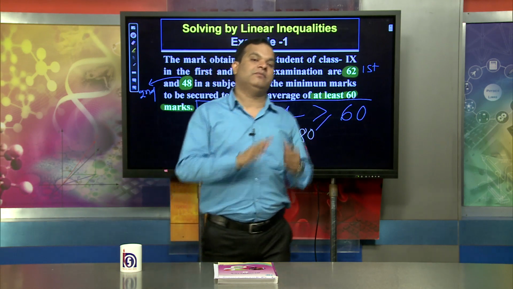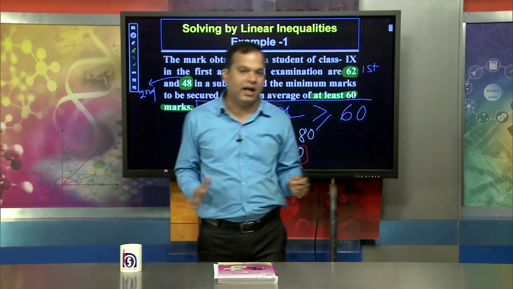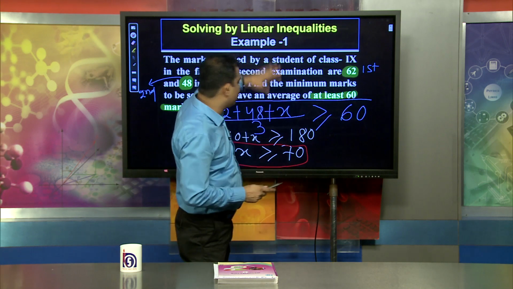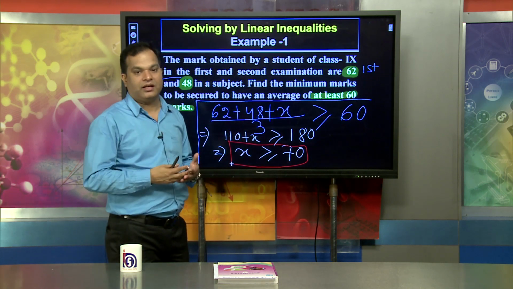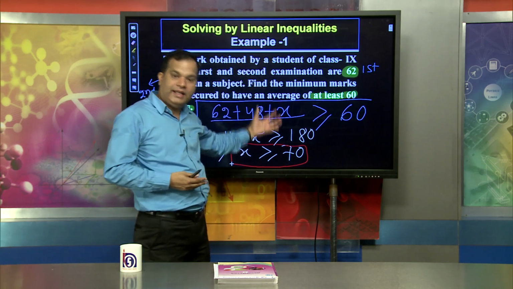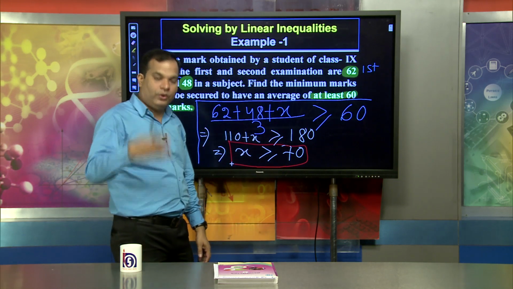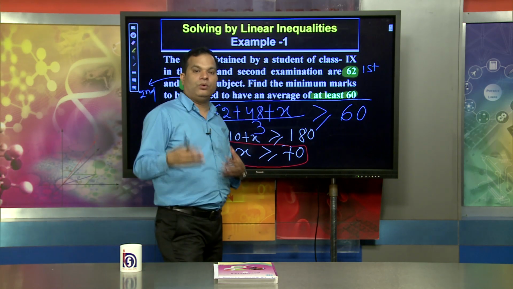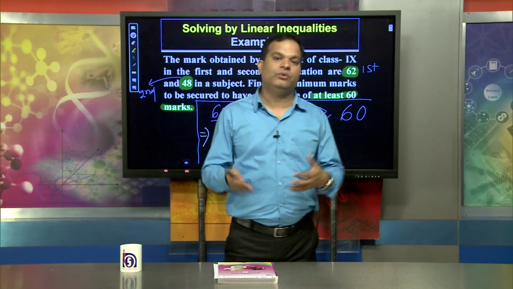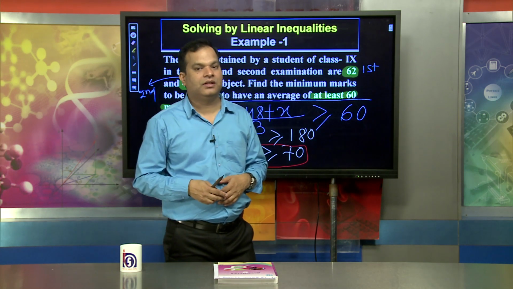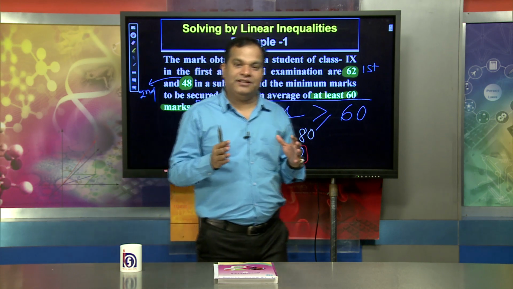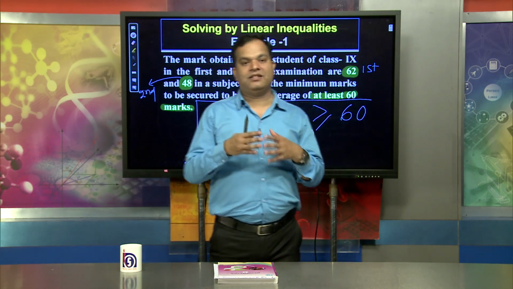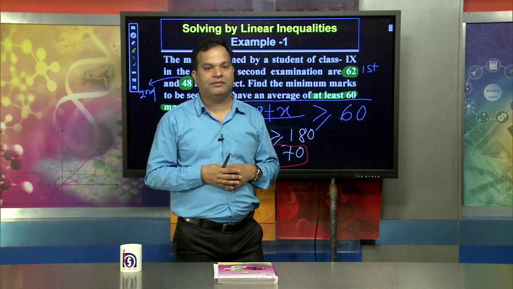That application is very much vital in our day-to-day life. Such a problem we cannot solve by any other equation. It is only through the principle of linear inequality that we can solve this type of problem.